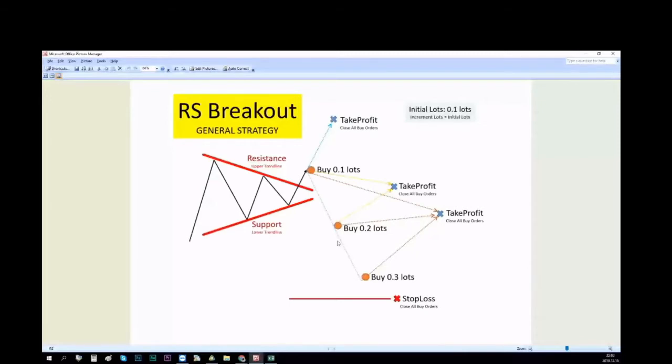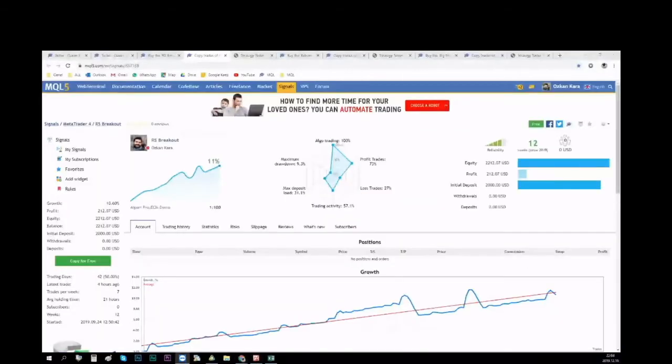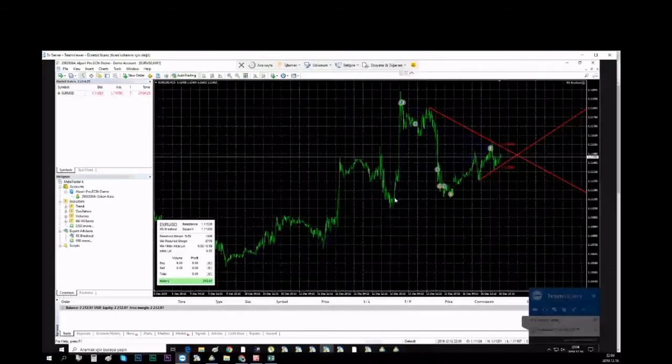I will show you from my server. This is the live account. Here is my server. I hope you can see the detail here. For example, this is for the MQL website.